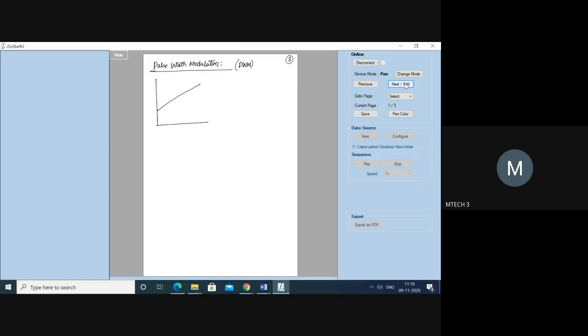So this is your which signal? Continuous time signal. Is it analog or digital? Analog. This is the voltage, and this is going to be your time. Now I am converting this into my equivalent digital signal.